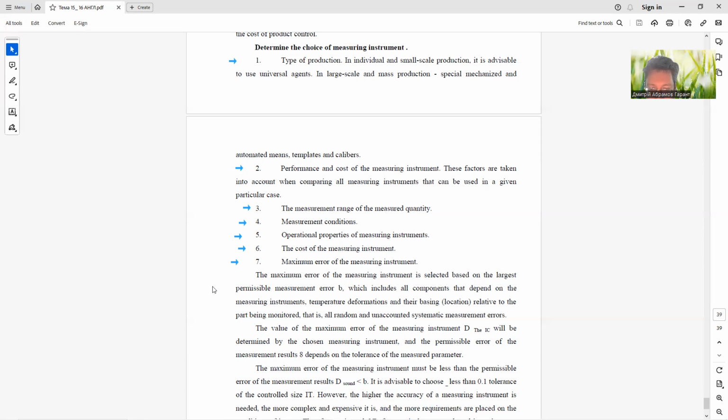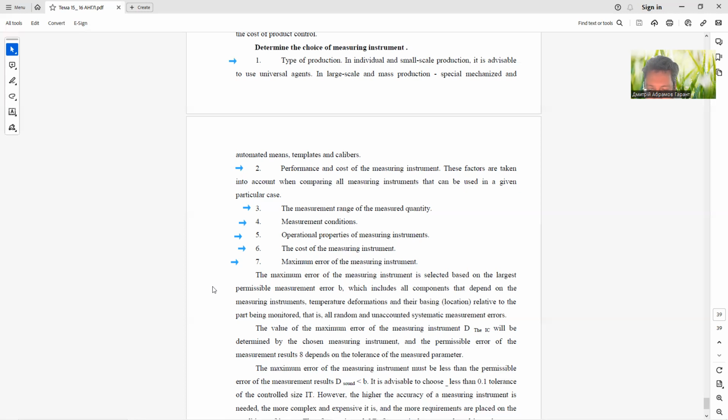The maximum error of the measuring instruments must be less than the permissible error of the measuring results. It is advisable to choose less than 0.1 tolerance of the controlled size, IT grade.